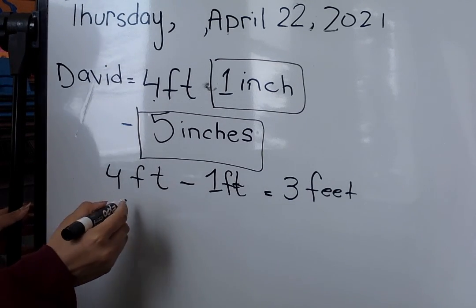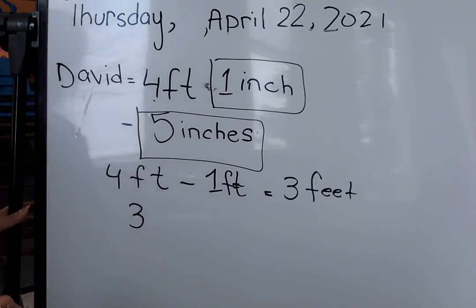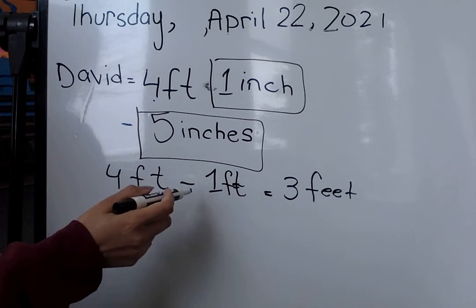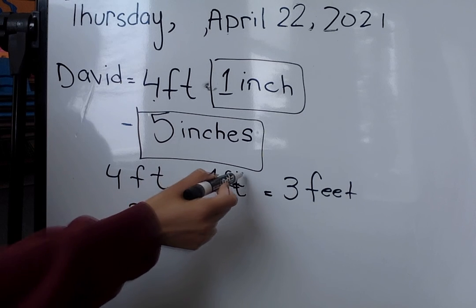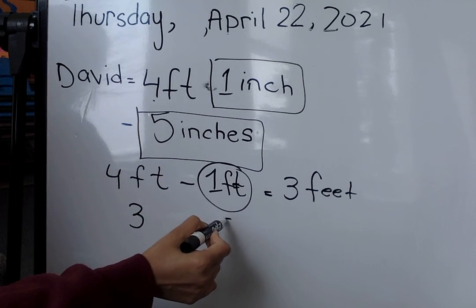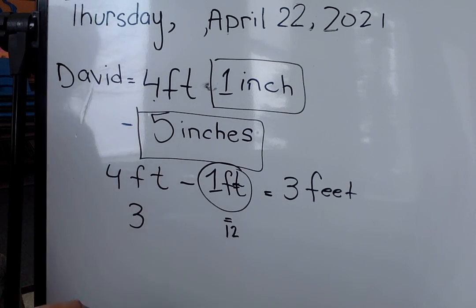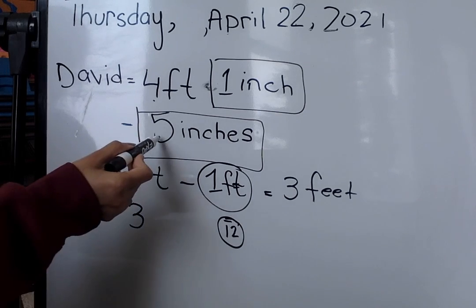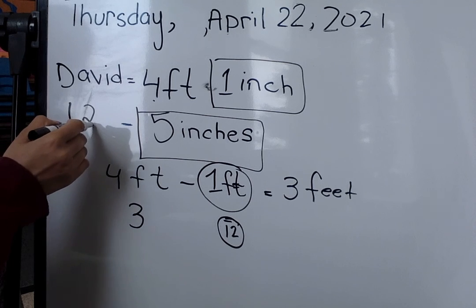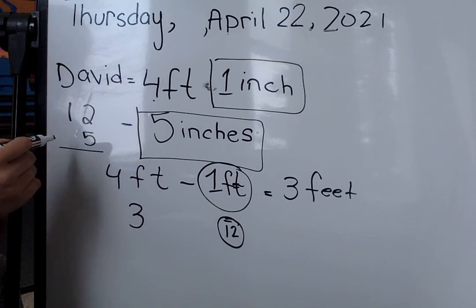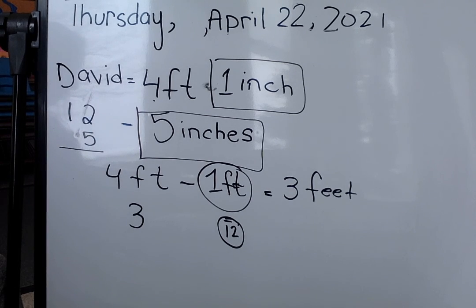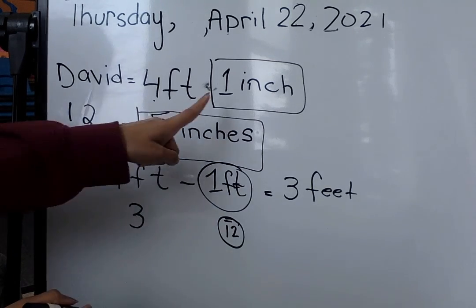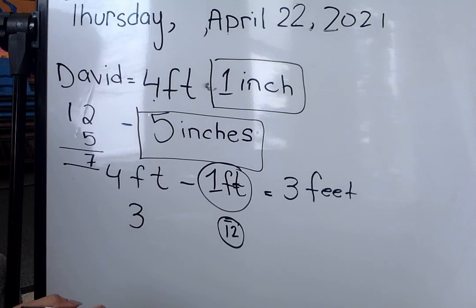So we know that his brother is 3 feet and something. Then how many inches do we have? We took out 1 foot. 1 foot equals 12 inches, right? So we are going to borrow these 12 inches and take away 5. So 12 take away 5, we are left with 7, right? And we also have this 1 more inch.